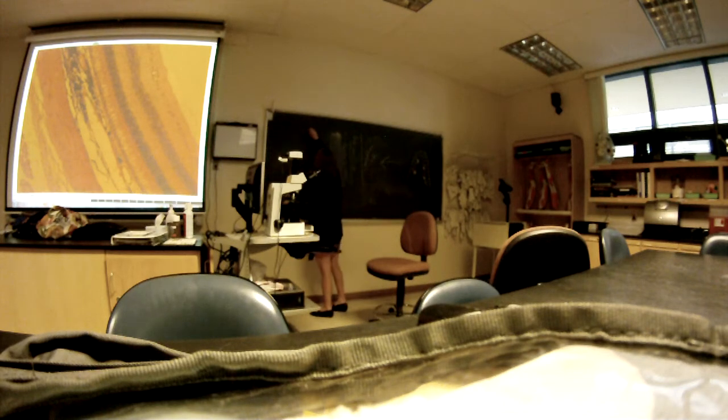Okay, so the light's coming from this way. This is outer. Sclera is here. And choroid is here.